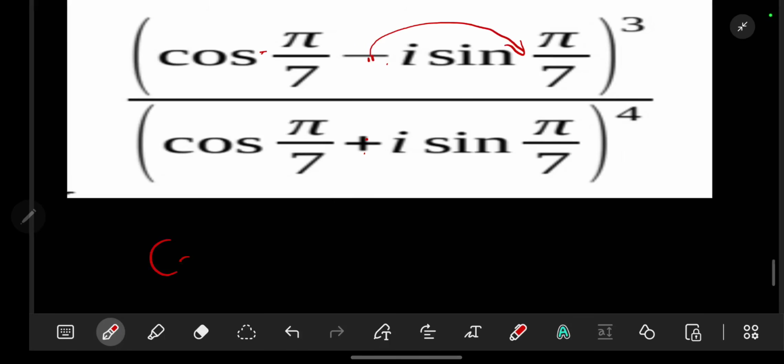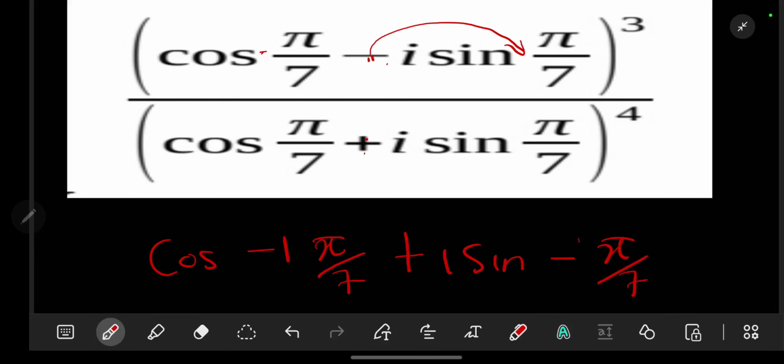So we are going to have the cos of negative pi over 7, then plus our i sine of negative pi over 7. But remember, there's an invisible 1 there. So now this means that we are going to have our power of 3.